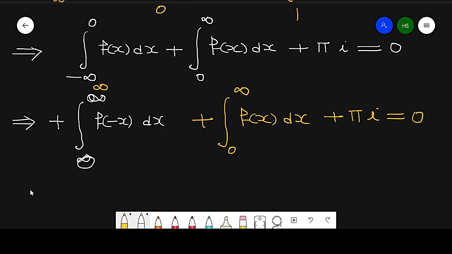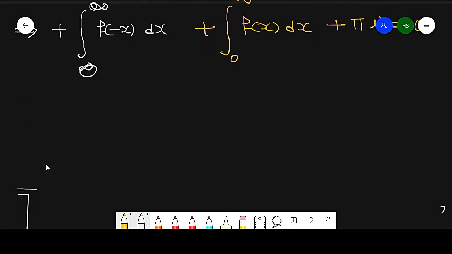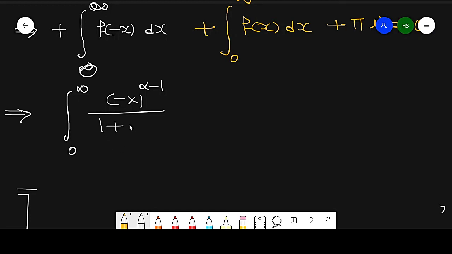So what is the value of f of x? It implies this limit, which is 0 to infinity. So here f of minus x. So f of minus x means minus x raised to power alpha minus 1 over 1 minus x. So 1 minus x will be converted as 1 plus x into dx. So what is the value of this?